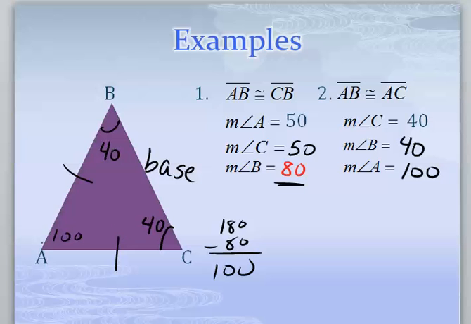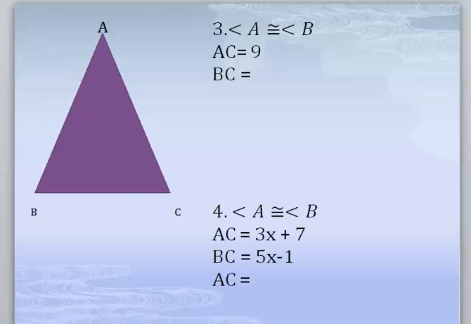Let's try a couple more. You can also do this kind of vice versa. So if the angle A, we're going to put an arc there, a single arc, is congruent to angle B. 3 says A is congruent to B. We were given that information, so I'm going to put a single arc on B. If I have two angles congruent, I also have to have two sides congruent.